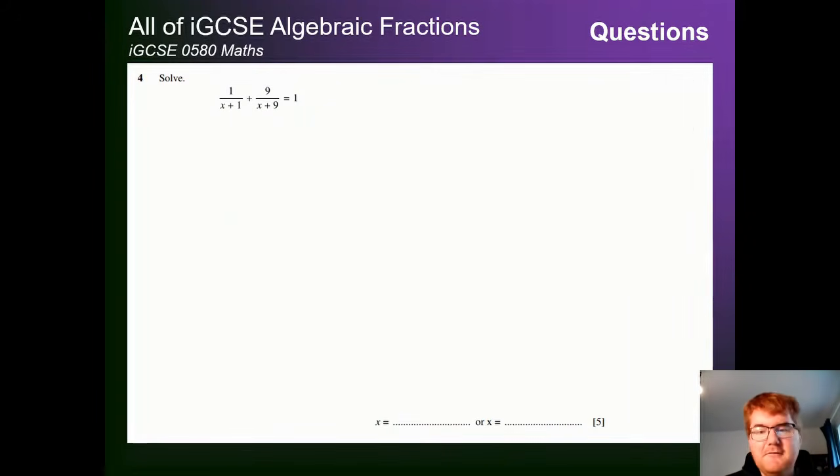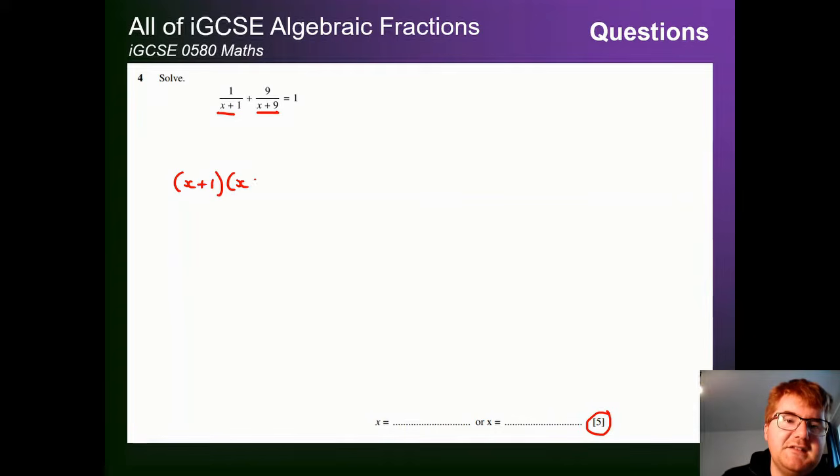This is slightly different. Again, lots of marks available here, 5 marks, and we need to solve the equation now. However, we do start it out like we did with question 2. So in question 2, we found a common denominator, and the best way of doing that is just multiplying the 2 denominators together.